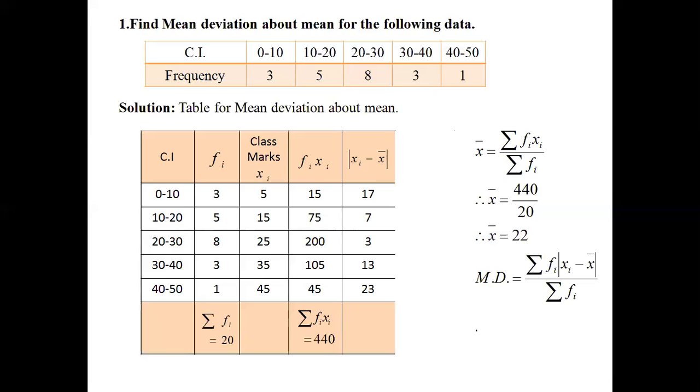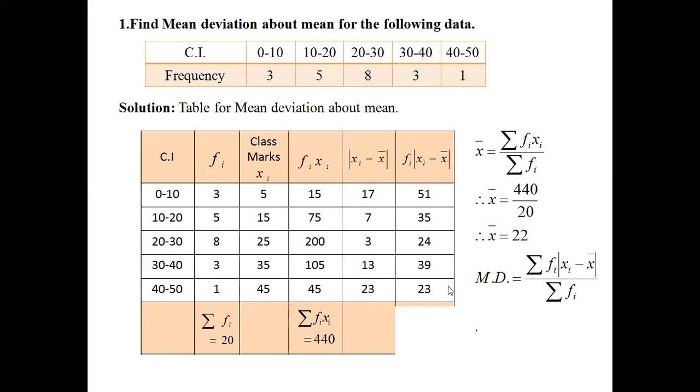Then we have to find fi into mod of xi minus x bar, taking the product of these two terms. So we get 3 into 17, which is 51. Then 5 into 7 is 35, 8 into 3 is 24, 3 into 13 is 39, and 1 into 23 is 23.